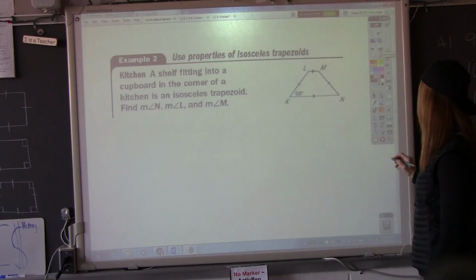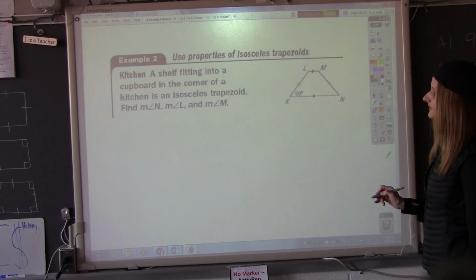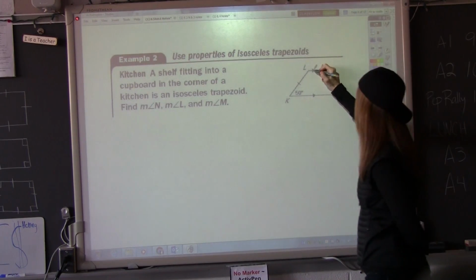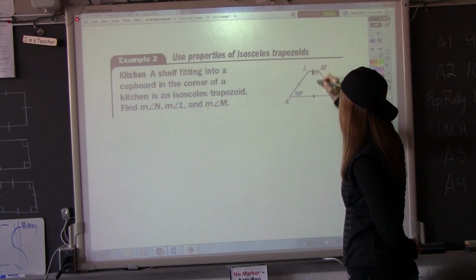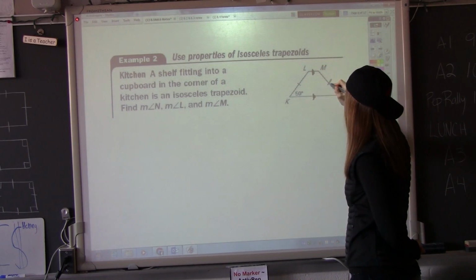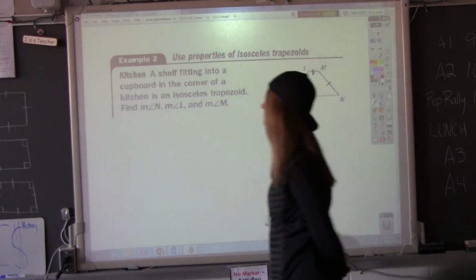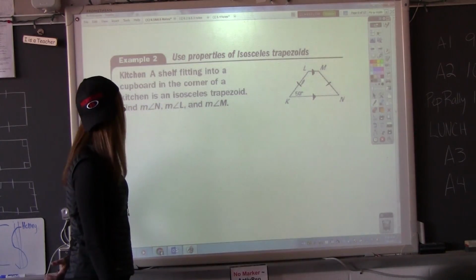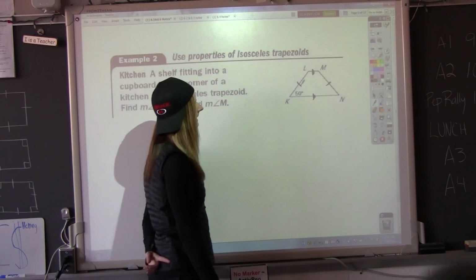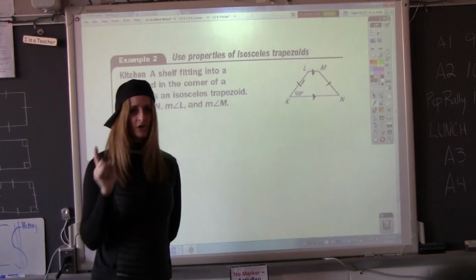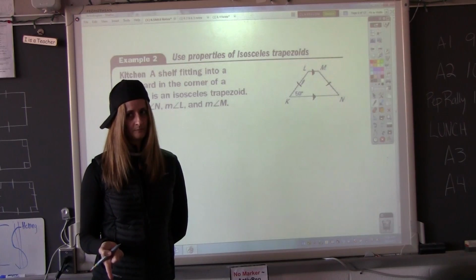Let's apply them. A shelf fitting into a cupboard in the corner of a kitchen is an isosceles trapezoid. It's a trapezoid, and it's isosceles. Find the measure of angle N, angle L, and angle M. So let's start with, we're given these two lines are parallel.